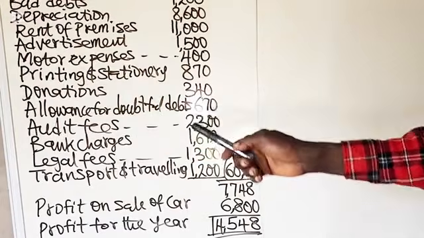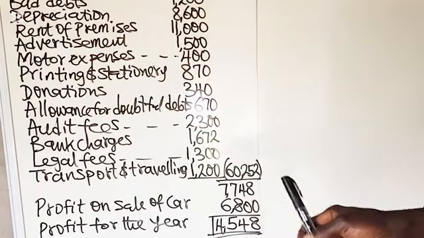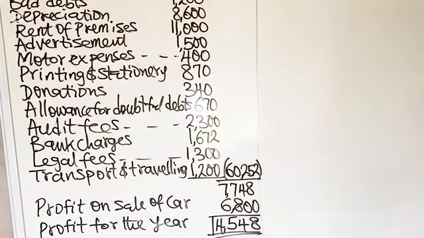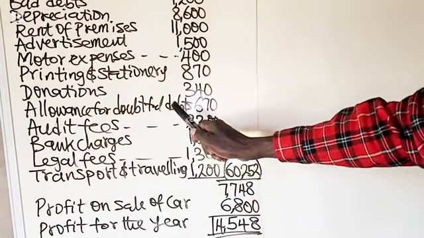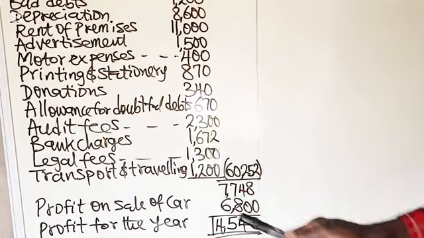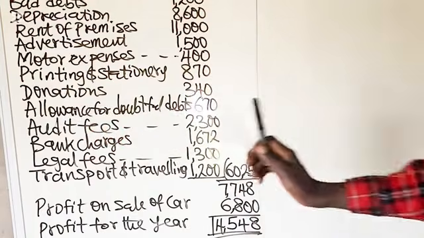So if it is not allowable, by the time we get to the note, we will know the portion that is not allowable. Allowance for doubtful debts: if the question is silent about it, if no note is given, we assume it is a general provision for bad debts or general allowance for doubtful debts, and general provision is not allowable.